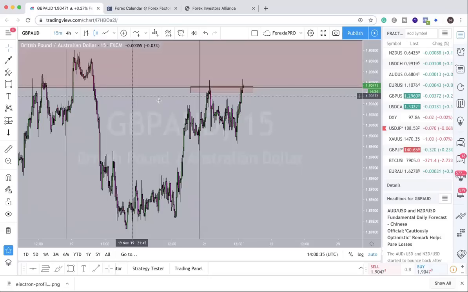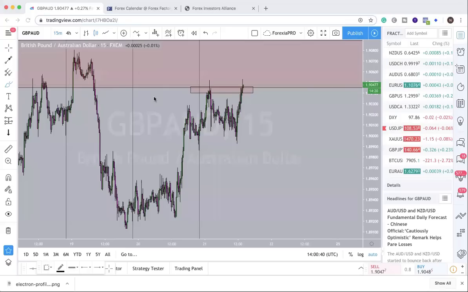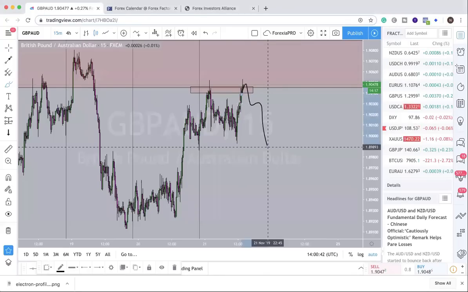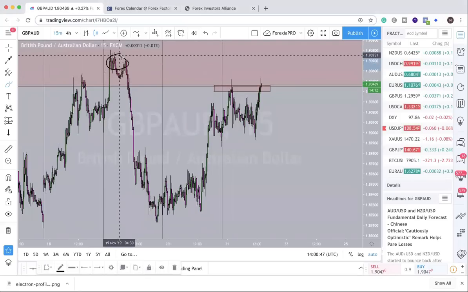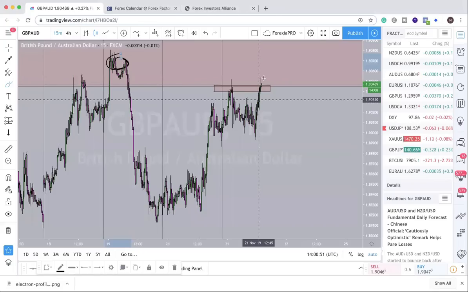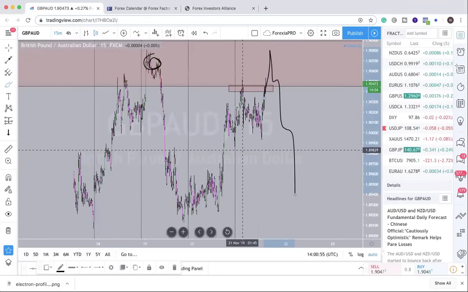GBP AUD looks like it could drop from where it is right now, something like this. However, we do have this high right here, and I would like to see it spike to that high before dropping. Something like that.